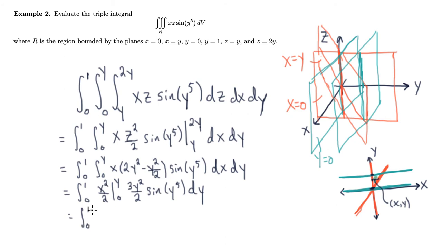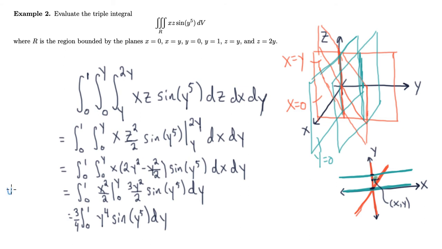So what do we have? We have a 1/2 and a 3/2, so we can factor out a 3/4 from the integrand. And then all we're left with is y squared times y squared, which is y to the fourth, and then times sine of y to the fifth dy. And if you remember your Calc 2, this is a classic u substitution problem.